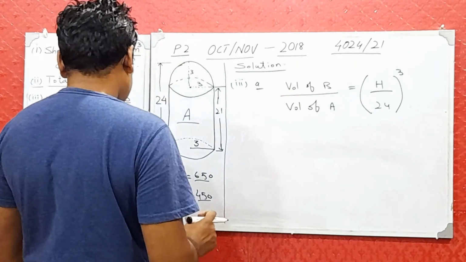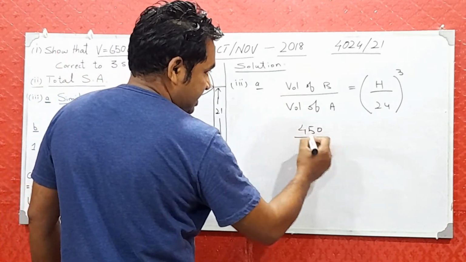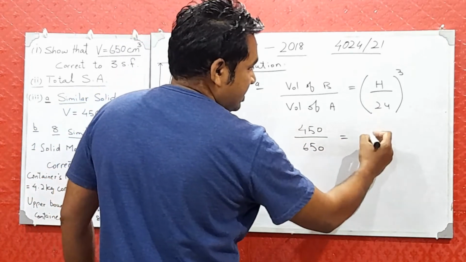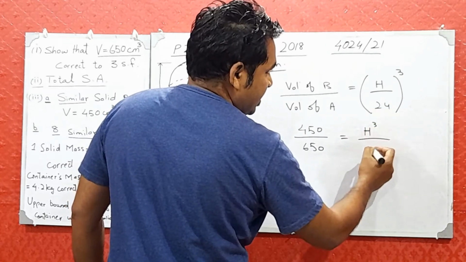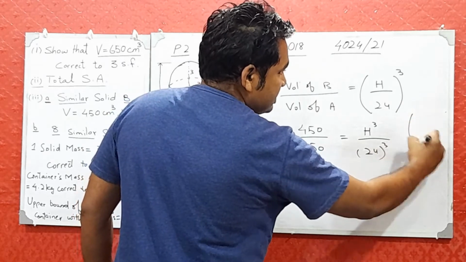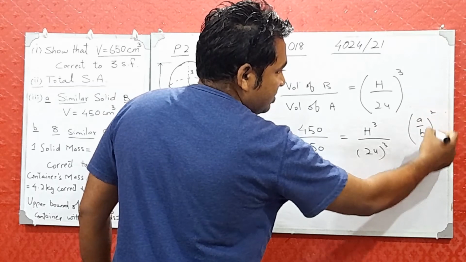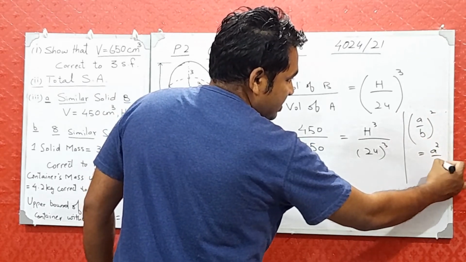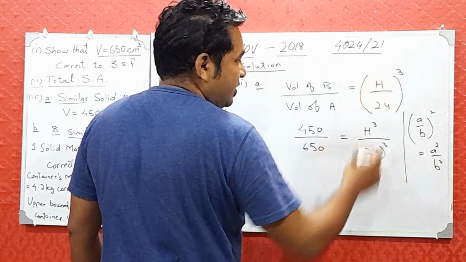Volume of B is 450, volume of A is 650, and h cubed over 24 cubed. If there is a power on a fraction, like a square, it comes on both, A squared over B squared. So this cube will come on both numerator and denominator.